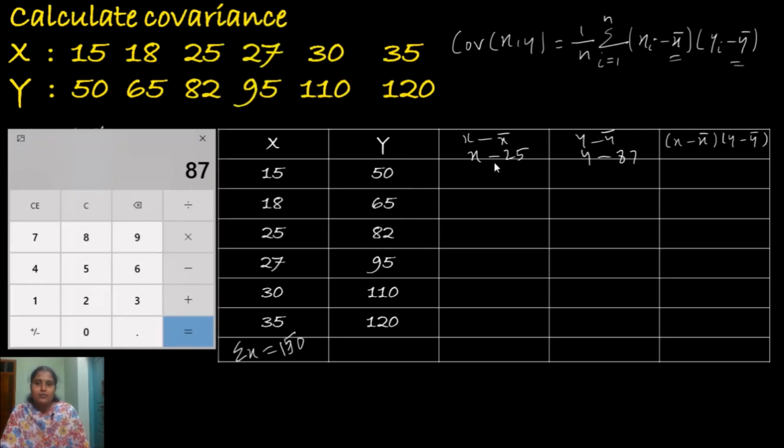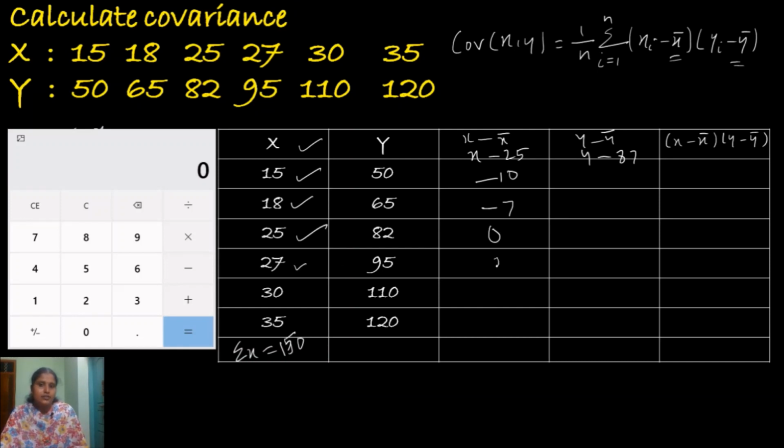Now we have to subtract all values of x from 25. 15 minus 25 is minus 10, 18 minus 25 is minus 7, 25 minus 25 is 0, 27 minus 25 is plus 2, 30 minus 25 is 5, 35 minus 25 is 10.